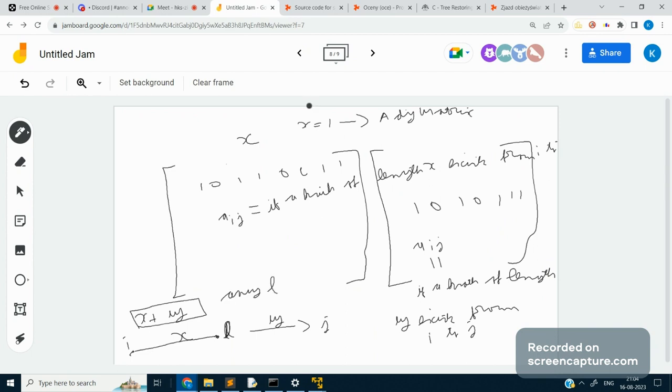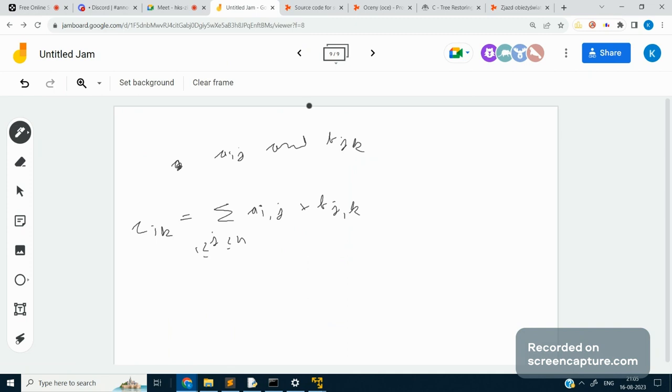So now notice that in the first matrix, A_iL equals 1 if there's a path of length x, and A_Lj equals 1 if there's a path of length y from L to j. If we sum up the calculation and the value is greater than 0, this means that Aij is greater than 0 and Bjk is greater than 0 for some j.